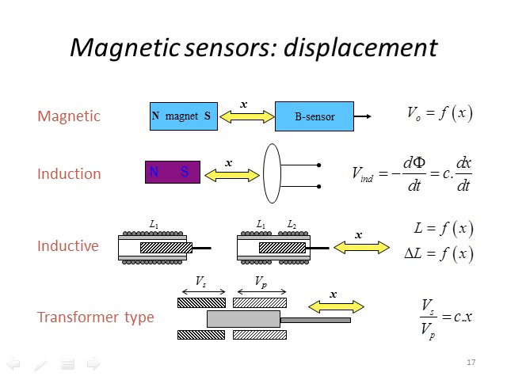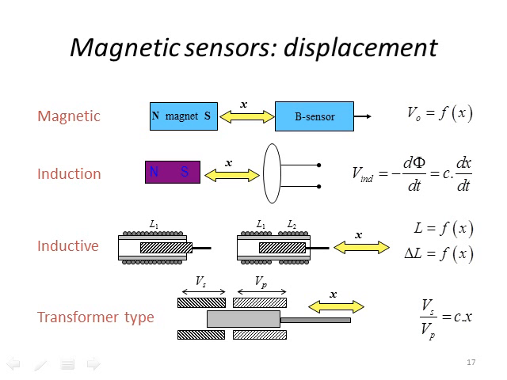We have a magnet that creates a B field, and then we have a B sensor, some sort of B sensor, that is going to modify the readout of the B field as the displacement variable x is changed. So the output of the B sensor is going to change as a function of your displacement between the sensor and the magnet.